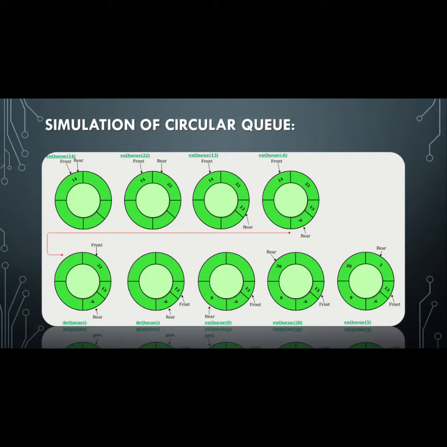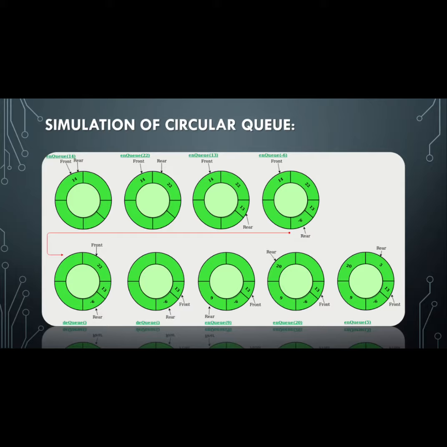Now, when the queue is full, the rear pointer will be equal to the front pointer, and when we are dequeuing an object from the queue, the dequeuing will be from the front, as it follows the first in first out rule.